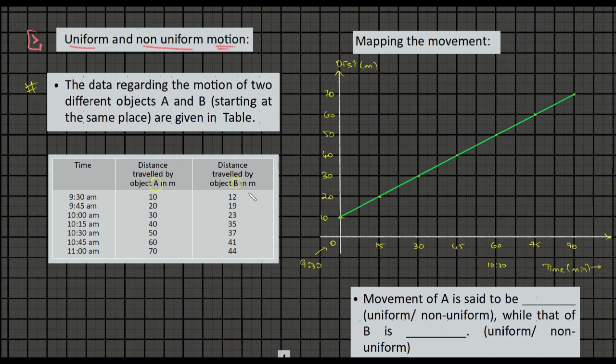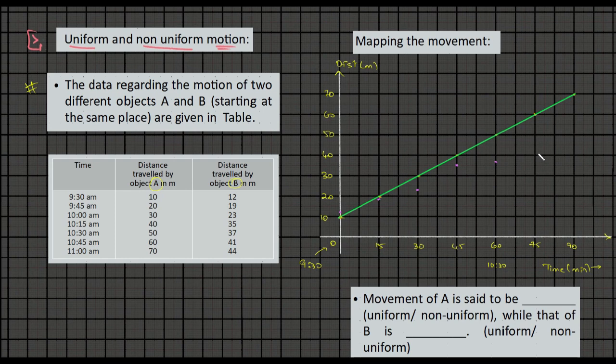Now, the next one. Object B is at, to begin with, it's at 12. And after 15 minutes, over here, then 23. 23 will be somewhere over there. Then 35. This is 30 and 5. 37 at 1 hour, 10:30. It is at 37, somewhere over there.